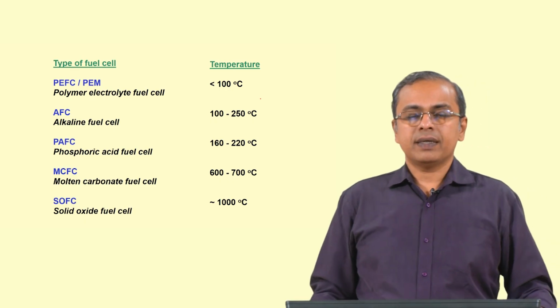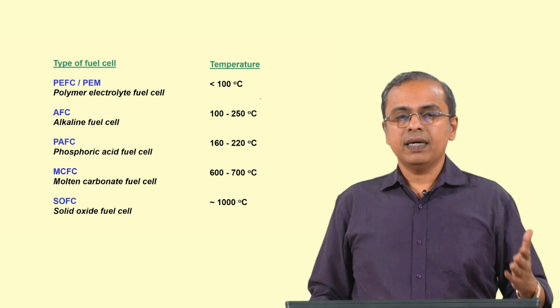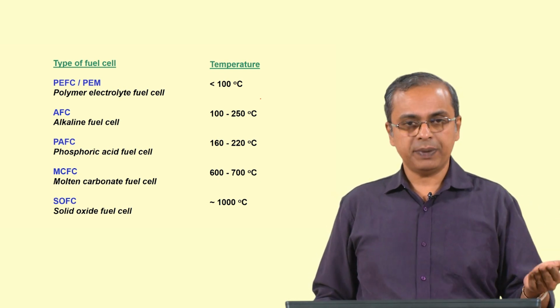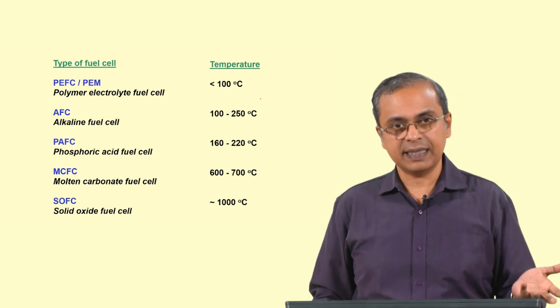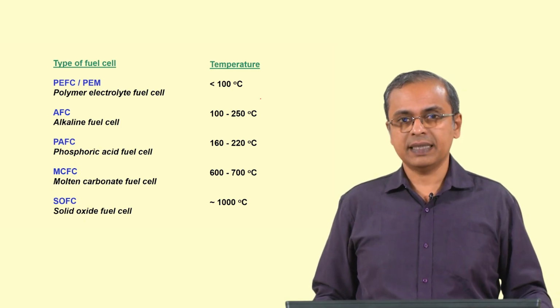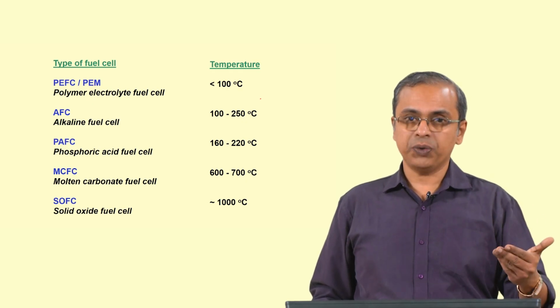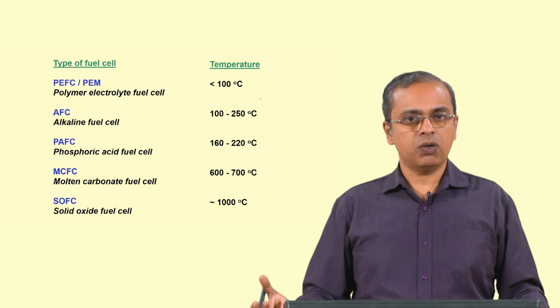As I mentioned, fuel cells are of a variety of types. Fundamentally a fuel cell is going to have a supply of fuel, which in most cases, the standard fuel that people discuss in the context of a fuel cell, is hydrogen. You can have other fuels, but most often we talk of hydrogen as the fuel being used in a fuel cell, and typically the oxidant is just oxygen or air.